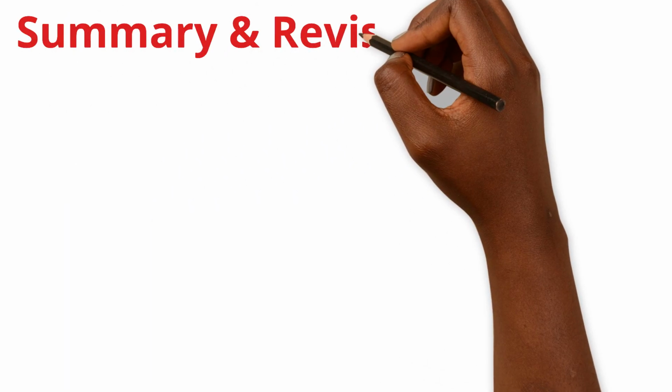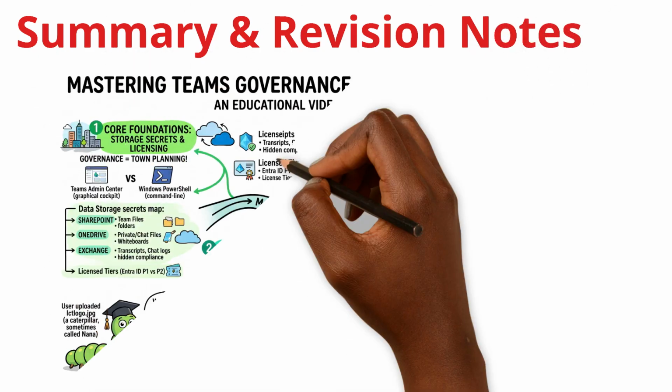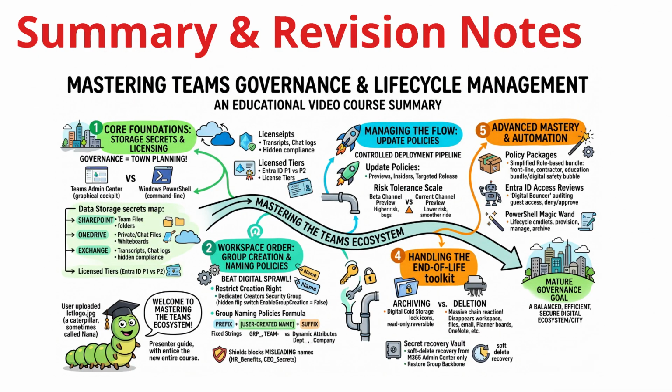Throughout this course, we set out to master the Microsoft Teams ecosystem. We established governance foundations, learned where critical data was stored between SharePoint and OneDrive, and identified key licensing tiers. To beat digital sprawl, we restricted creation rights, built dynamic naming policies, and blocked confusing identifiers. We managed the flow of updates using controlled deployment pipelines based on risk tolerance.